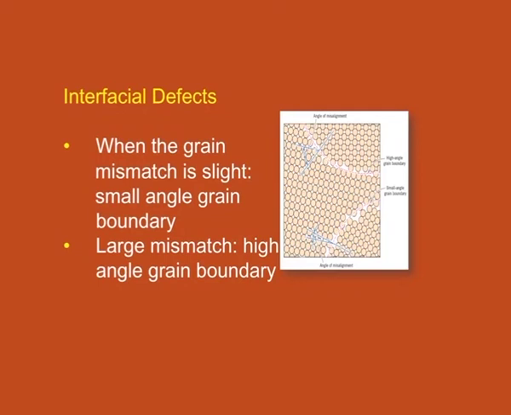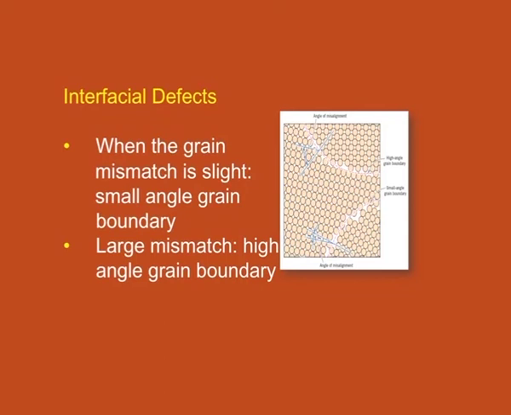If the angle between the atoms in one phase with respect to the atoms in the other phase is small, then it is called a small angle grain boundary, and if the angle between the two is large, then it is called a high angle grain boundary.